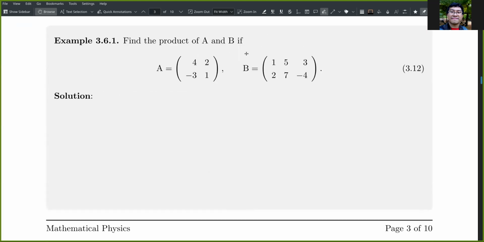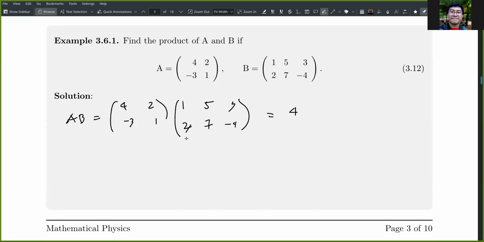Consider the product of A and B. So AB would be 4, 2, negative 3, 1 times 1, 5, 3, 2, 7, negative 4. Okay, multiply this column with this row. That becomes 4.